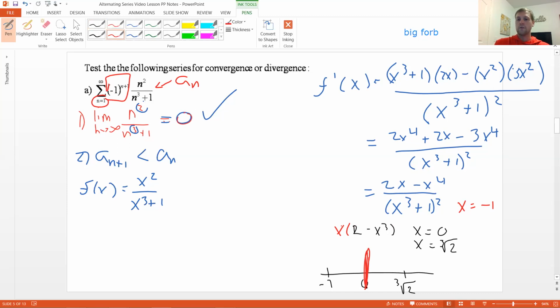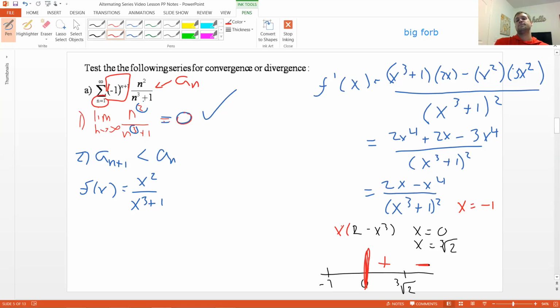If I plug in 1 into this, to see if it's positive or negative, it ends up being positive, positive on top and positive on bottom. And if I plug in anything greater than the cube root of 2, like 10 or something, it's going to end up being negative.